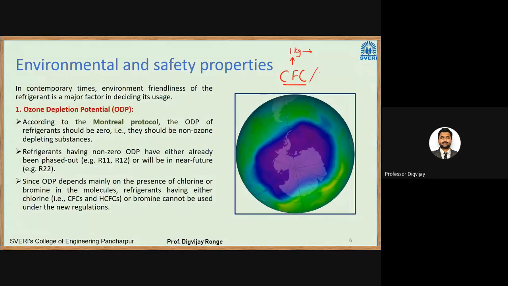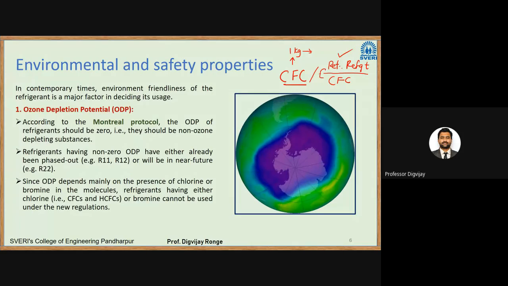Then if I take a reference refrigerant, which I have produced in a laboratory, I will compare its ozone depletion potential with the help of CFC's ozone depletion potential. Whatever ratio we get will be assigned to this reference refrigerant.